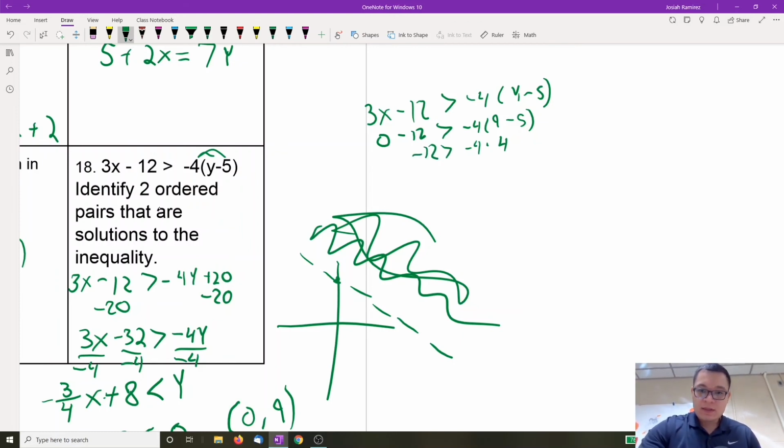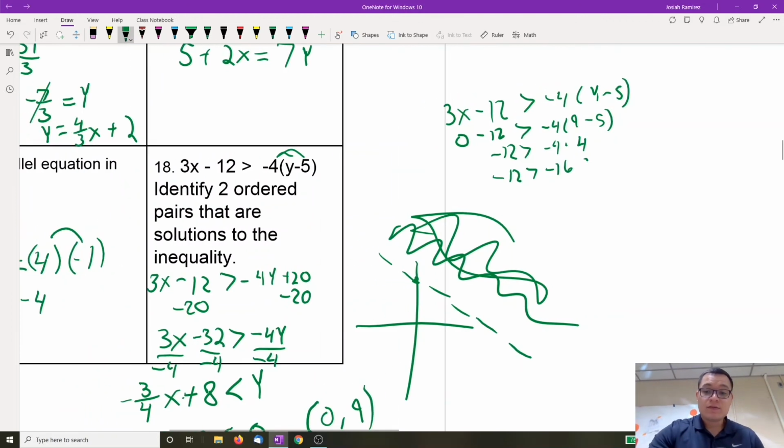That would make -12 greater than -16. When we're doing negative numbers, the more negative it is means the smaller it is. So this is true. Then let's put in 100, 100.